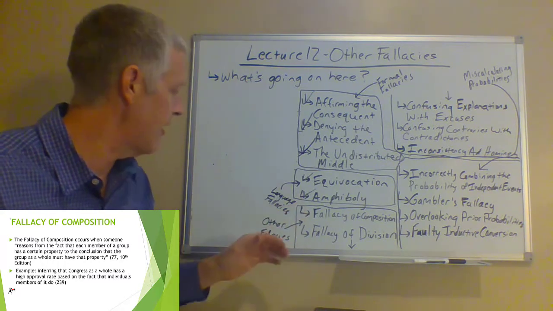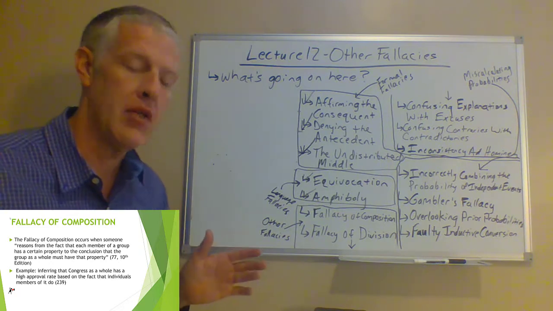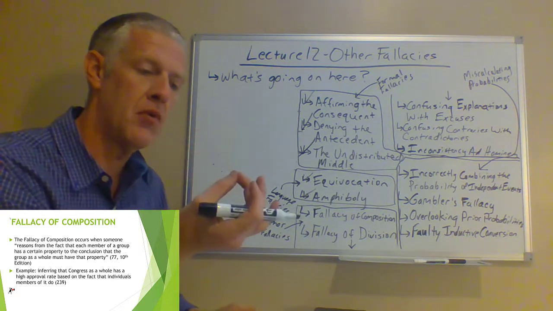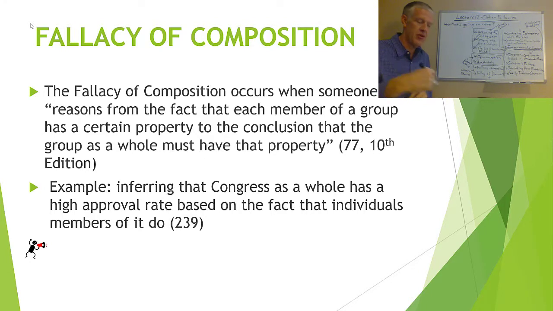In the first case, fallacy of composition, you're incorrectly inferring that what's true of the individuals is true of the group as a whole. A great example that they've mentioned in every recent iteration of the textbook, and for many, many years if I recall correctly, is congressmen and women.